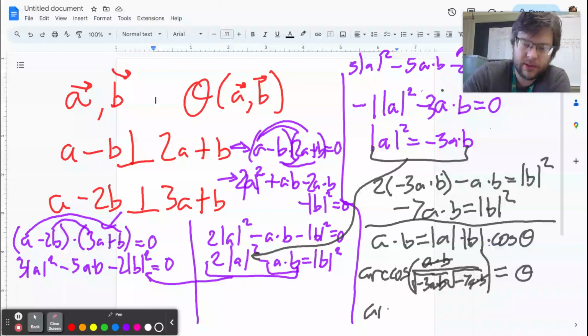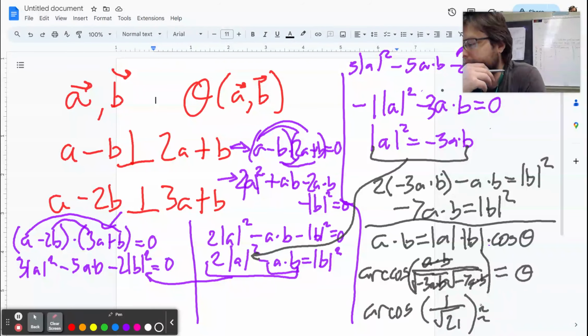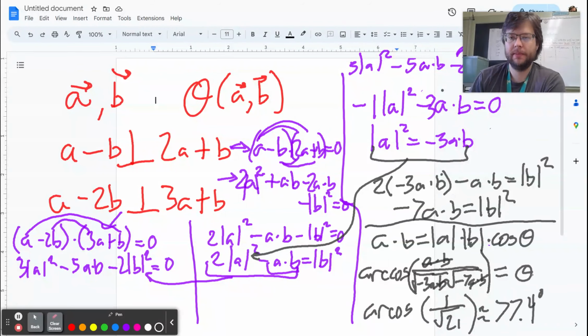So we have the arc cosine of 1 over the square root of 21. And if you type that into your calculator, the arc cosine of 1 over the square root of 21 is 77.4 degrees. Okay, so tricky question using the dot product to find the angle between two vectors.